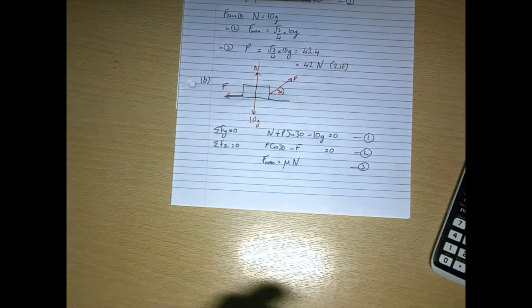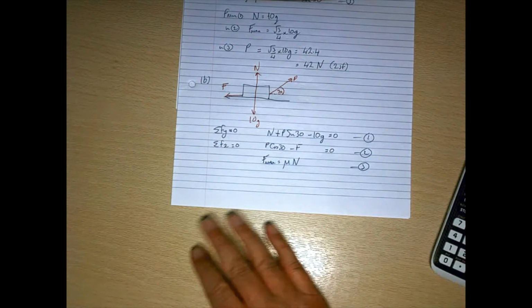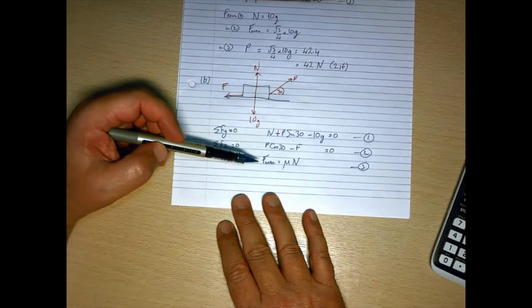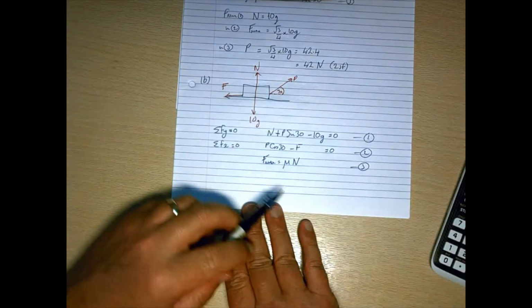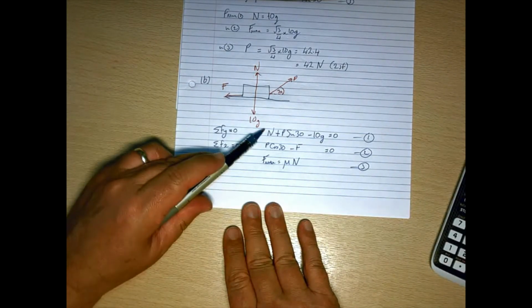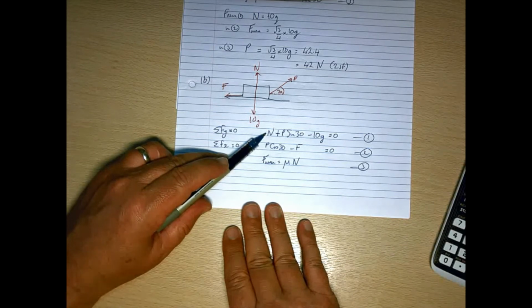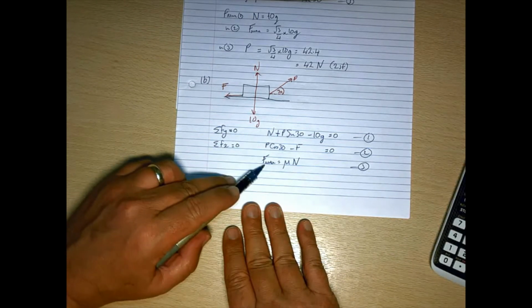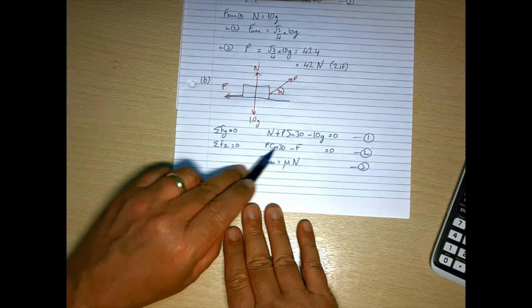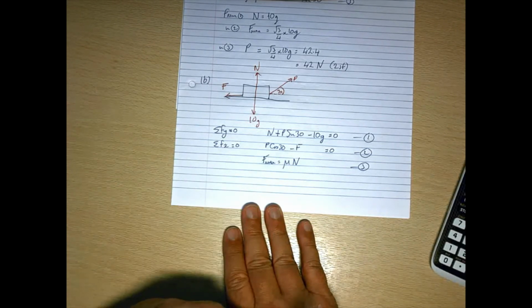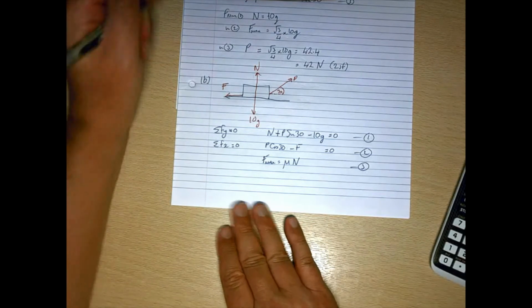So those are my three equations. I'm trying to find P. So in order to work out P, I can first of all get N from there to get F in terms of P, and then replace the F within that, and that will give me the equation that I need.